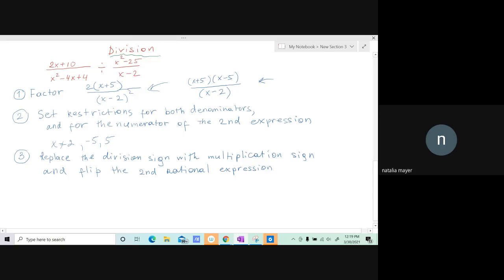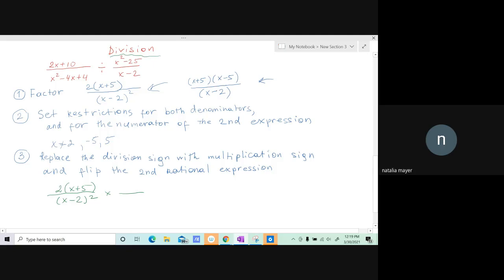So the first rational expression in factored form stays the same. We don't do anything to it. Now we replace the division with multiplication and flip the second expression.